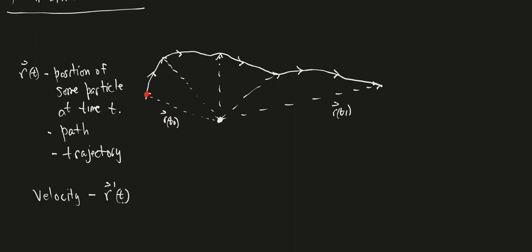If we envision this function as a trajectory or path, then its derivative represents the velocity of the particle. We use the same v notation for velocity, but now in vector form.